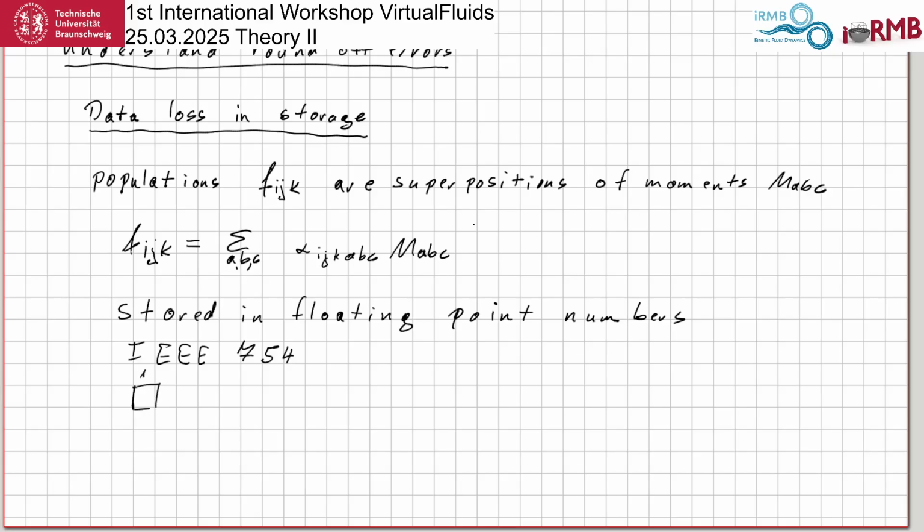Say we have one bit as a sign. Then we have 1, 2, 3, 4, 5, 6, 7, 8 bits as an exponent.